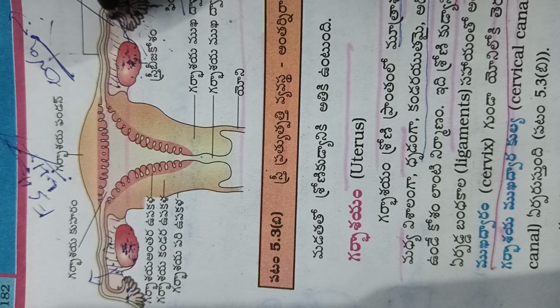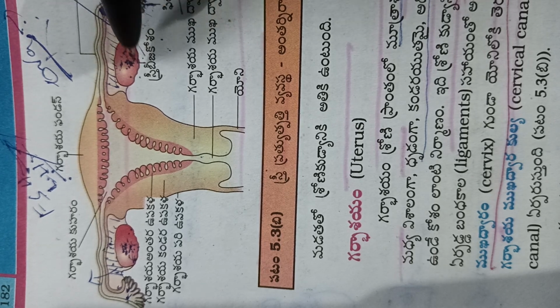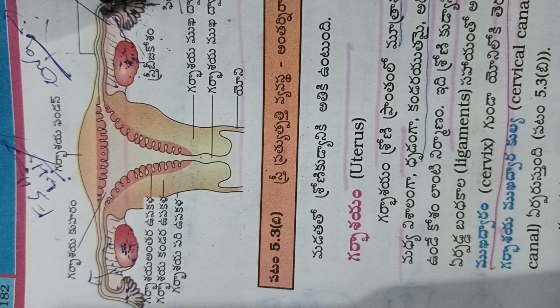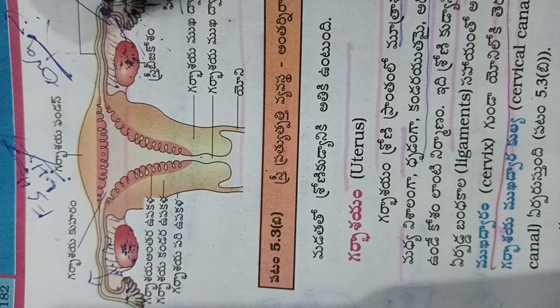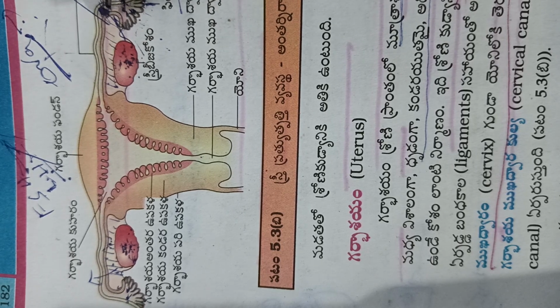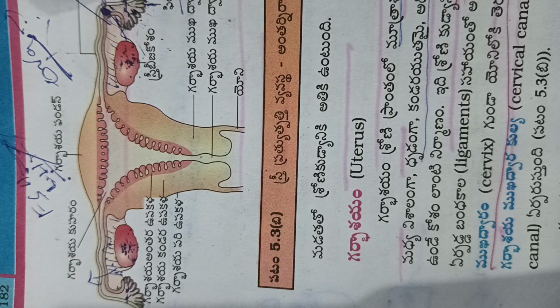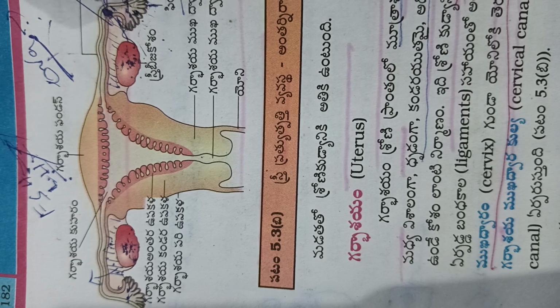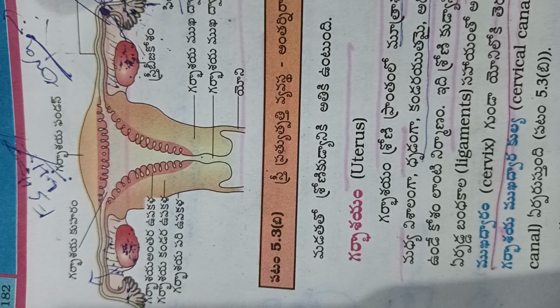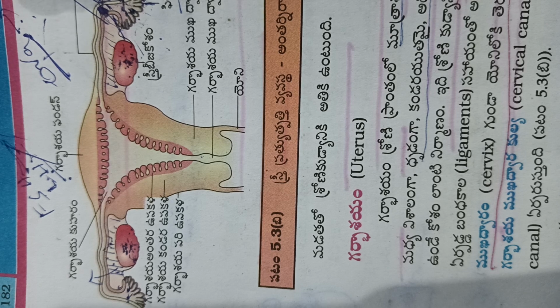See here, this is the ampulla part. In the ampulla, the ovum is collected and stored for the fertilization process. So we can understand that fertilization in the human body is done in the ampulla of the fallopian tube. Very important: fertilization takes place in the ampulla part of the fallopian tube.